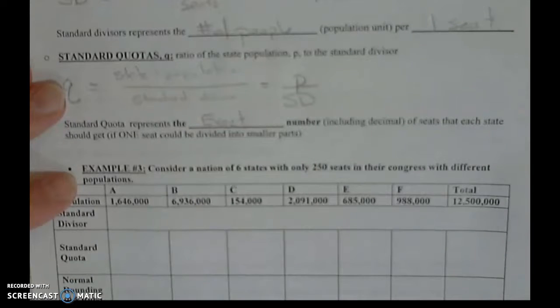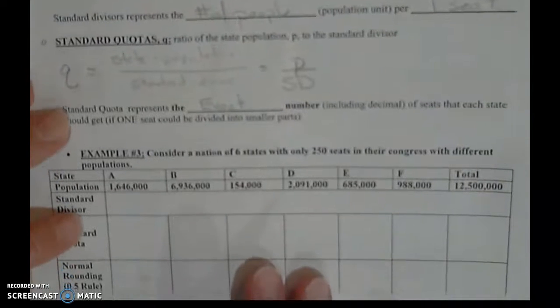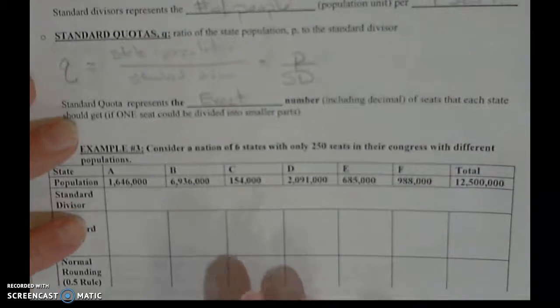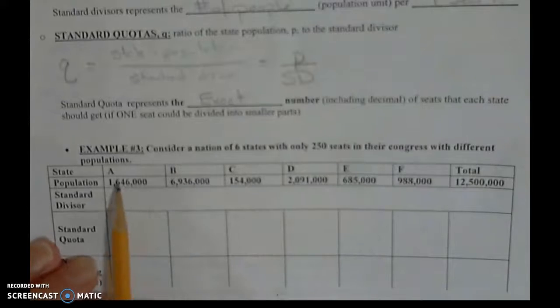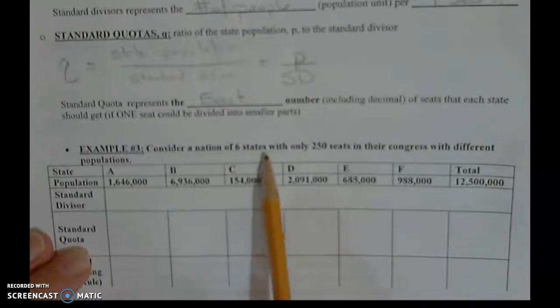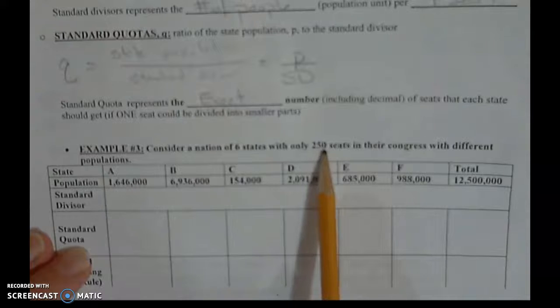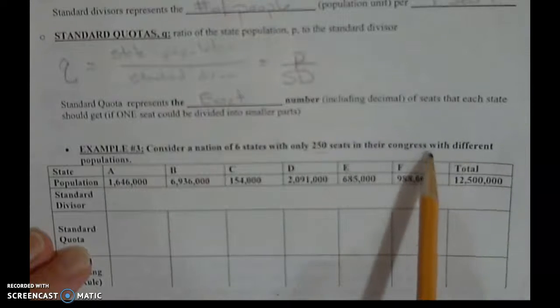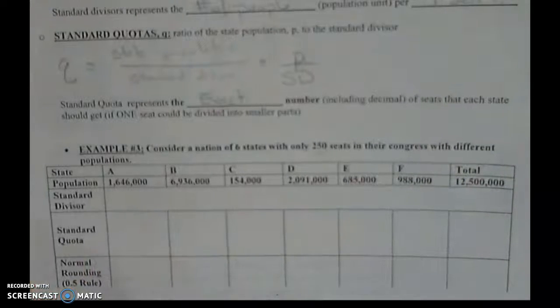Questions there? All right, so moving right along. So if you notice what we have to do, first off, we need to figure out what our standard divisor is, so let's look at example 3. Consider a nation of 6 states with only 250 seats in their Congress with different populations. Okay?